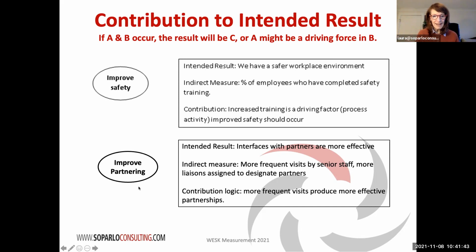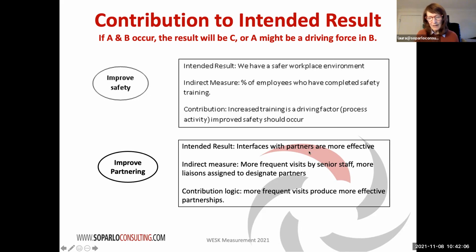Or we want to enhance our partnering as an organization. So our intended result is interface with partners is more effective. So we're going to say more frequent visits by senior leadership or senior staff with our liaisons will improve our partnership effectiveness, for lack of better words.